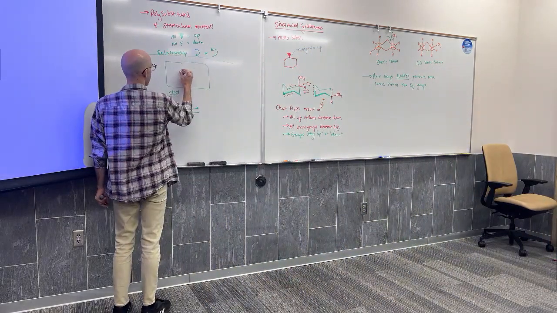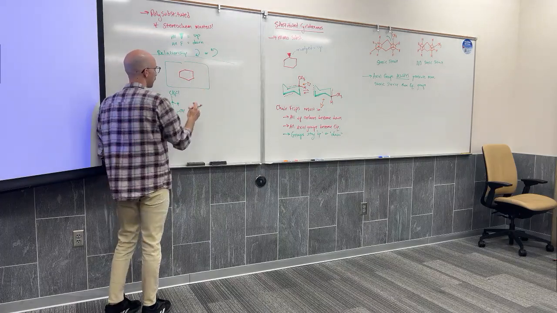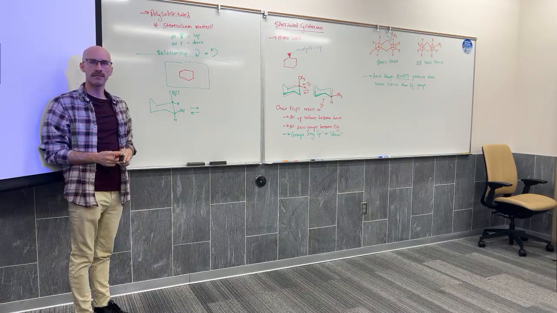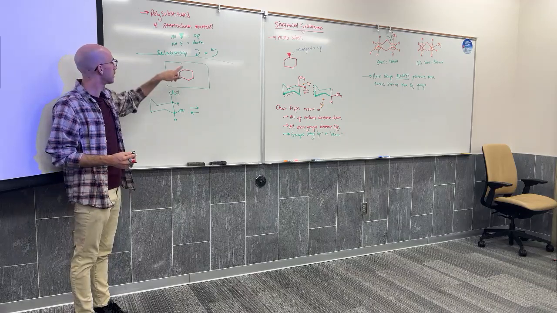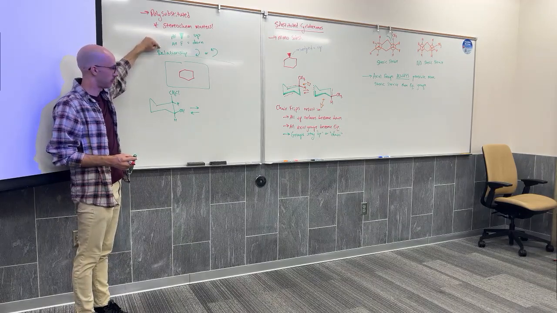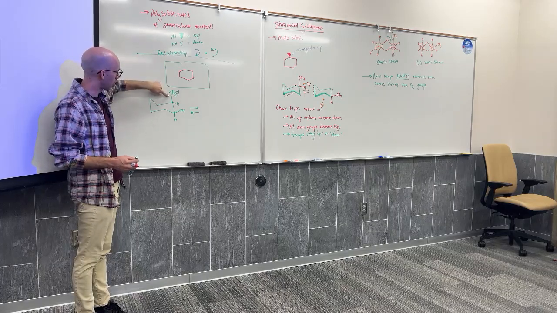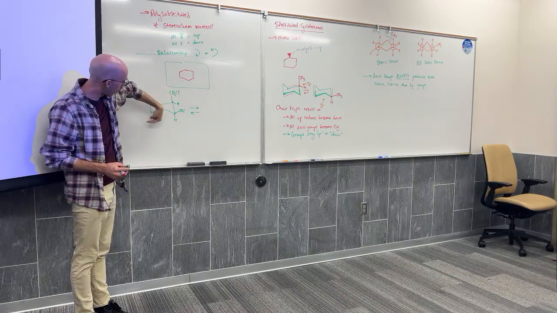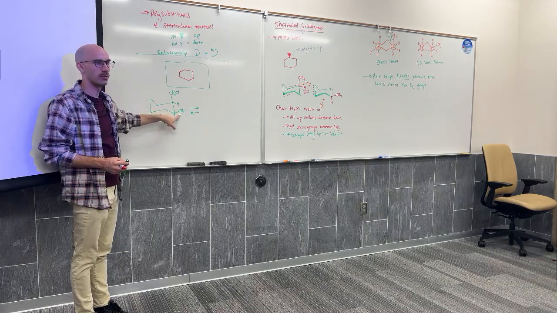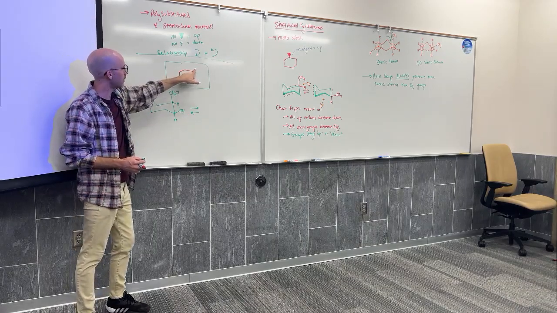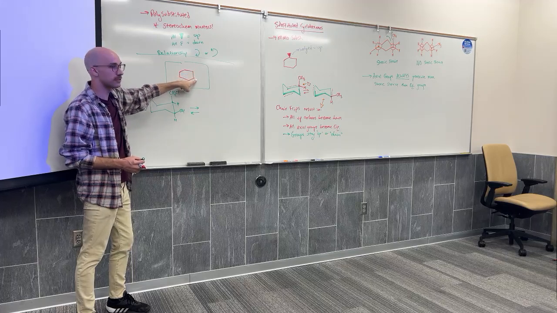So I'll draw my hexagon. And maybe I'm not sure yet about wedges and dashes, but I can be sure about their relationship. I need to have a carbon with CH2Cl, and then clockwise, a carbon with OH. I can't put OH, CH2Cl.